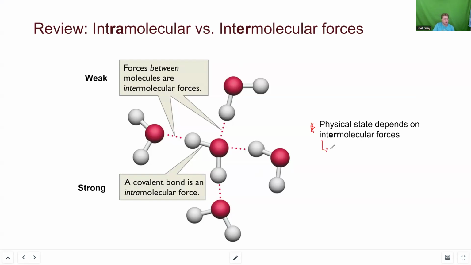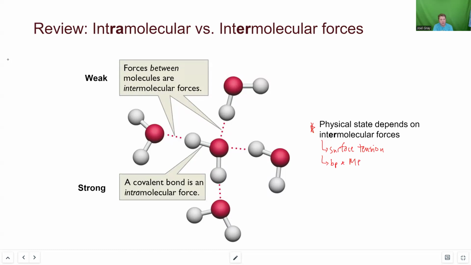So surface tension of water is basically a result of the intermolecular forces. In addition to surface tension, boiling point and melting point, BP and MP, are both dependent on intermolecular forces.